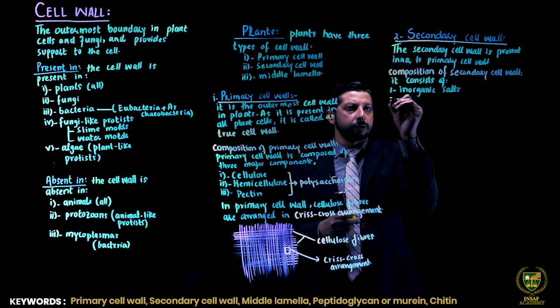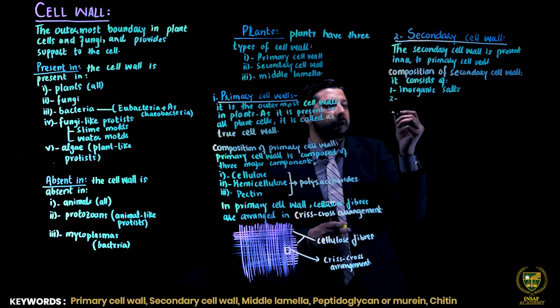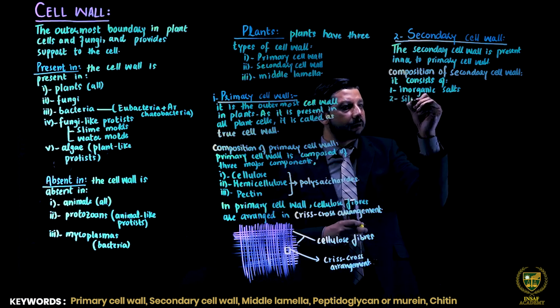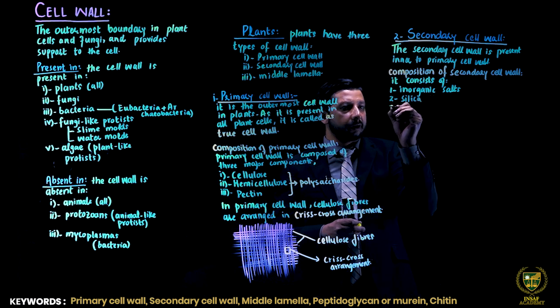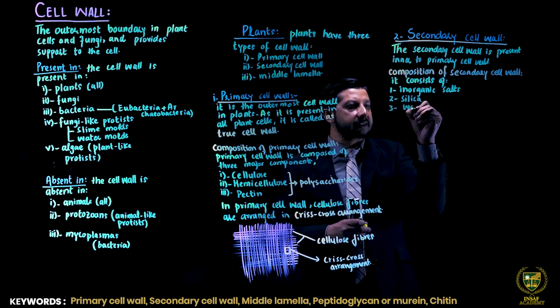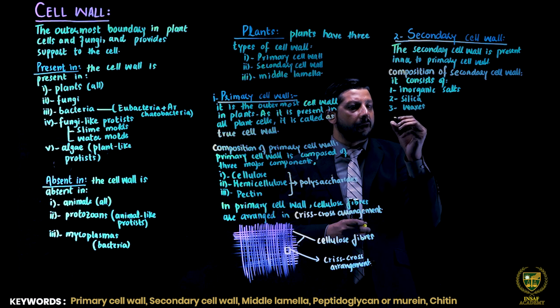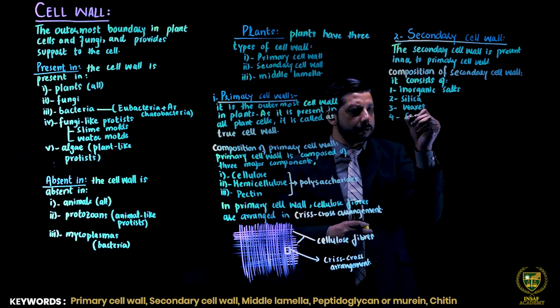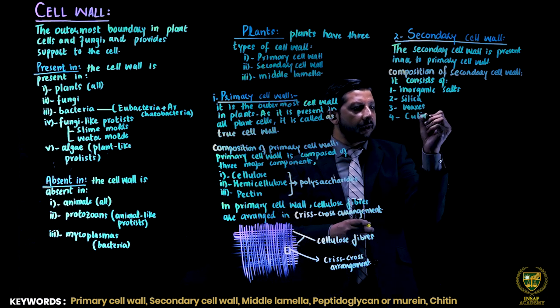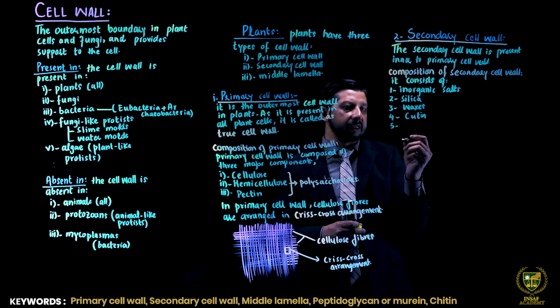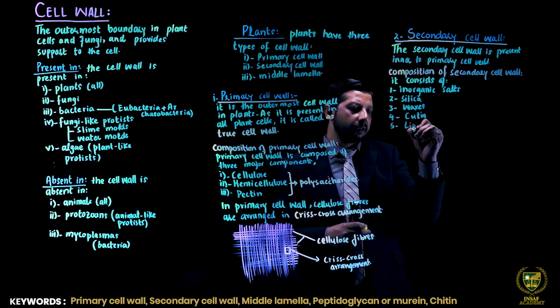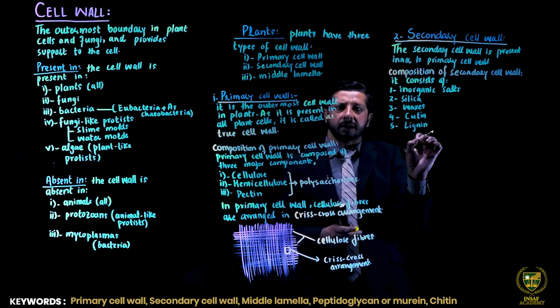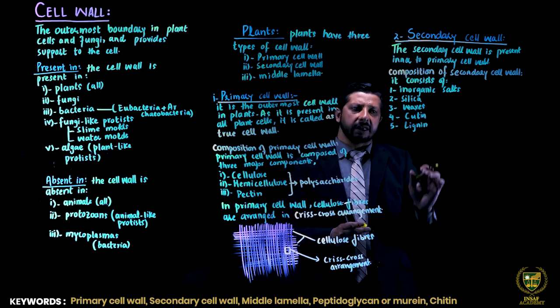Clear? Number 2 are the silica. Number 3, waxes. Number 4, cutin. And number 5 is the lignin. The most hardest material among the plants, that is the lignin.